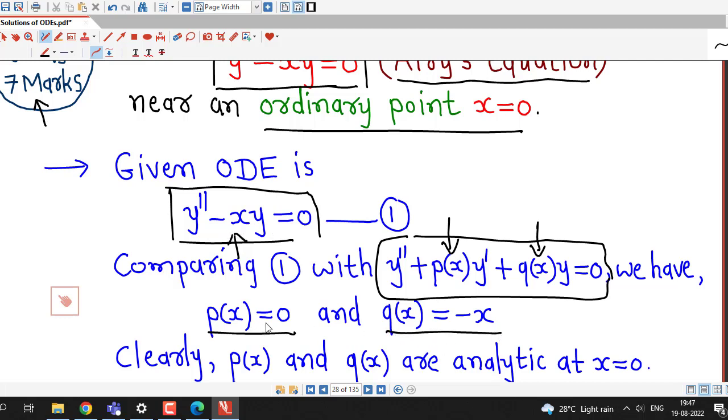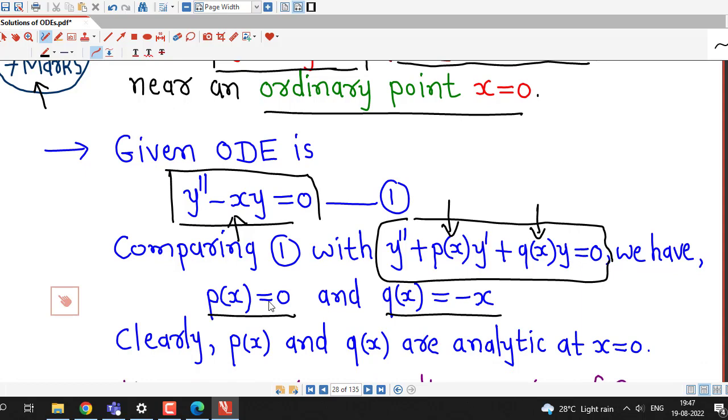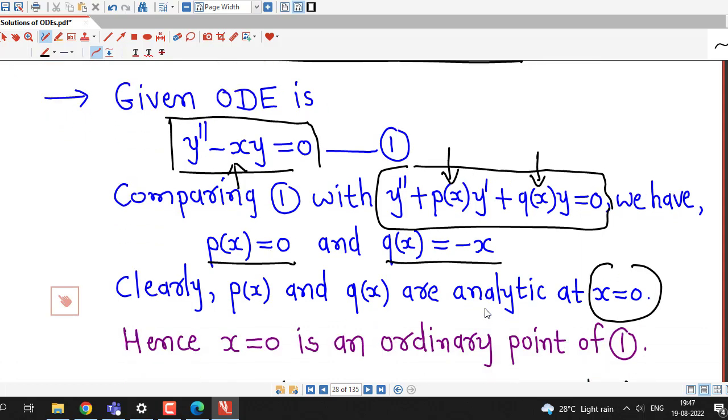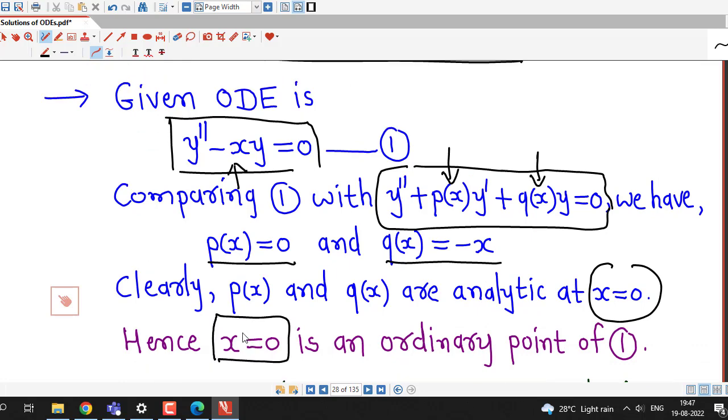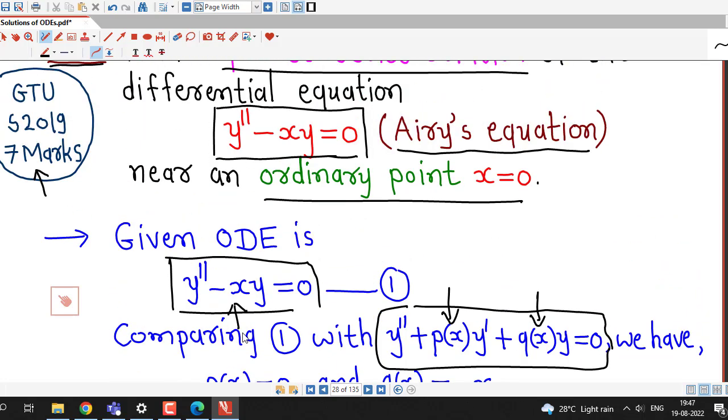We have px equal to 0 which is a constant polynomial, qx equal to minus x is also a polynomial, and we know that polynomials are analytic at every point. Therefore px and qx are analytic at x equal to 0, and hence x equal to 0 is an ordinary point of this differential equation.